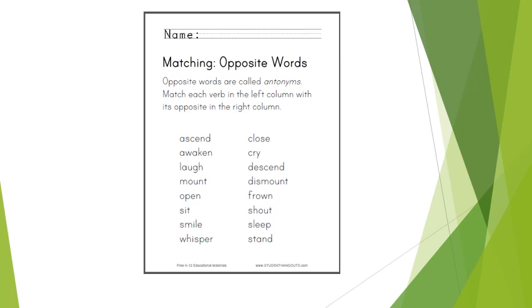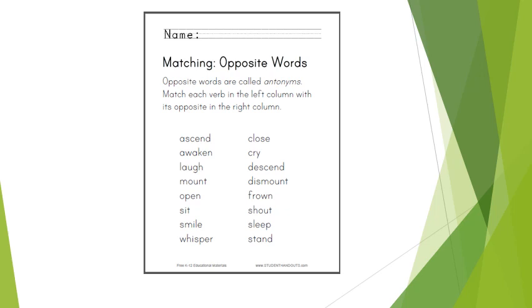What are antonyms? Antonyms are basically the words opposite in meaning, and synonyms are the words that are similar in meaning. So you have to match these words with their opposites. Again, this exercise is to be done in your notebooks.